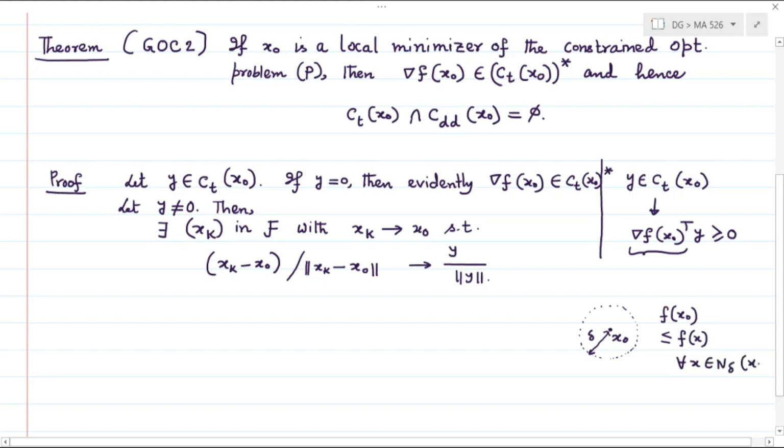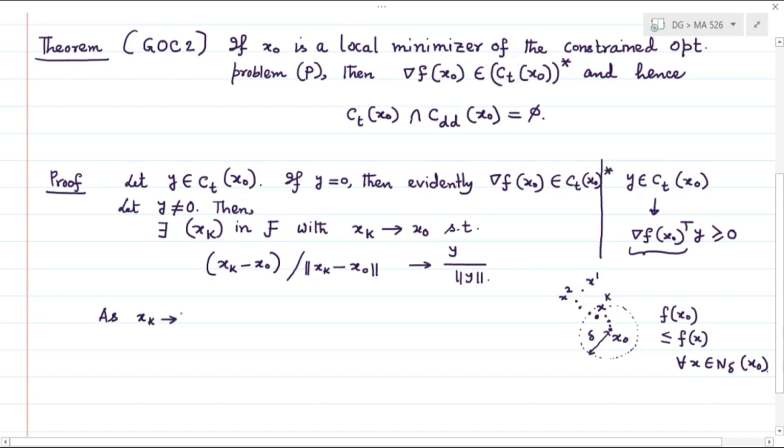That is the definition of a local minimizer. And as xk is a sequence that converges to the point x naught, after a certain value of k you will have xk belonging to this neighborhood, right?